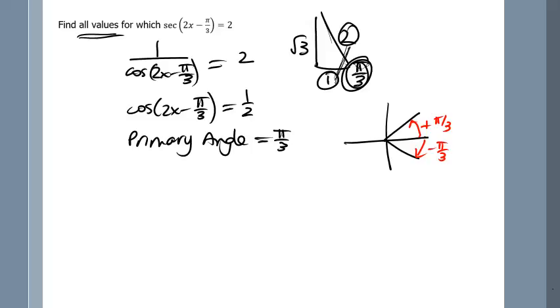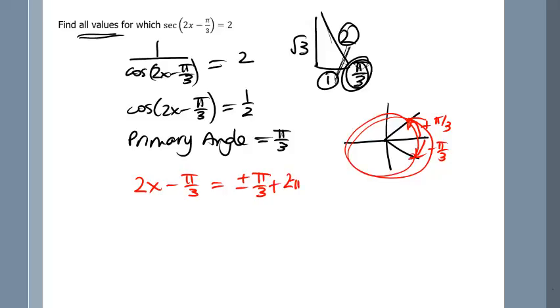So we can say 2x minus pi on 3 is equal to plus or minus pi on 3. To get to our next solution, I've got to add 2 pi. Likewise here, if I want to get to my next solution, I've got to add 2 pi. So we say plus 2 pi n, and then n is an element of z.